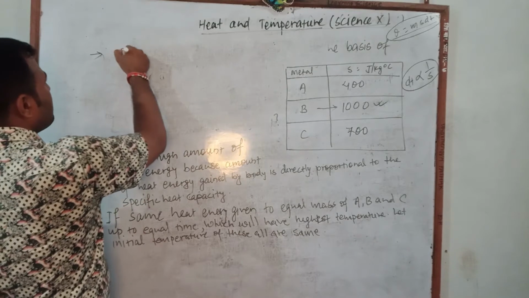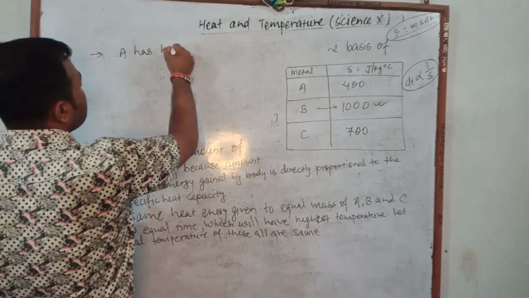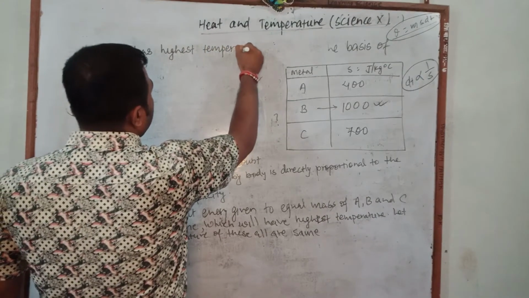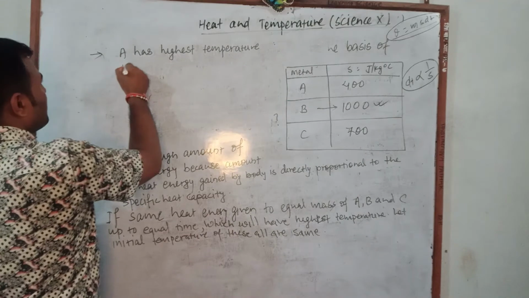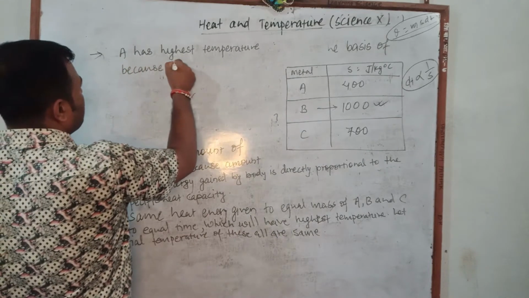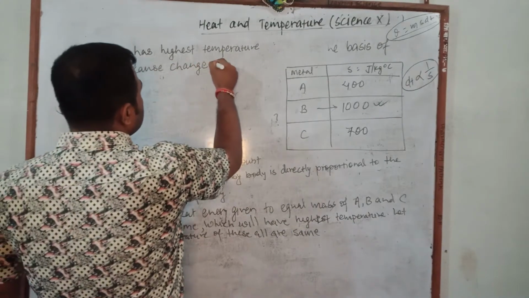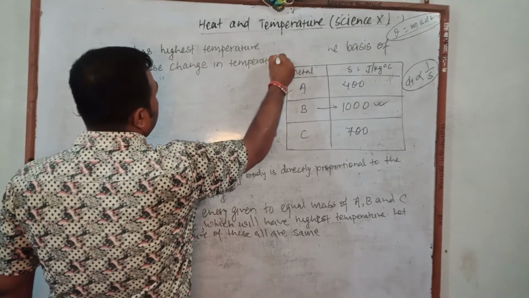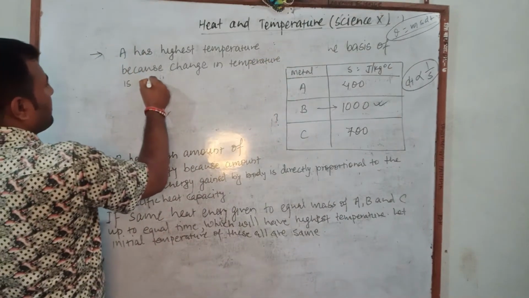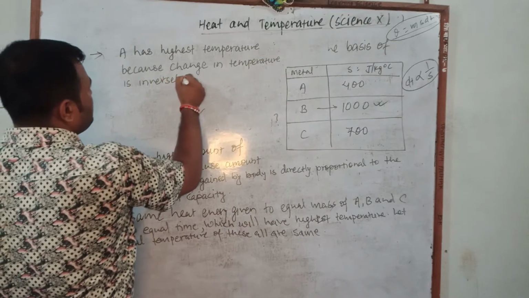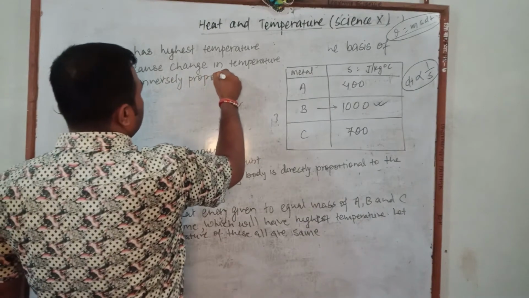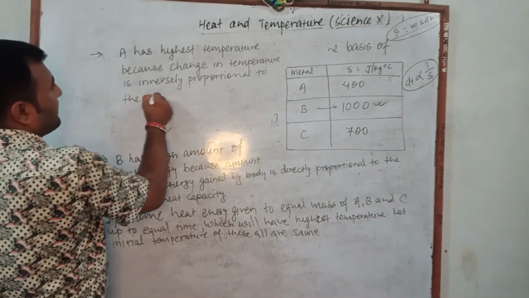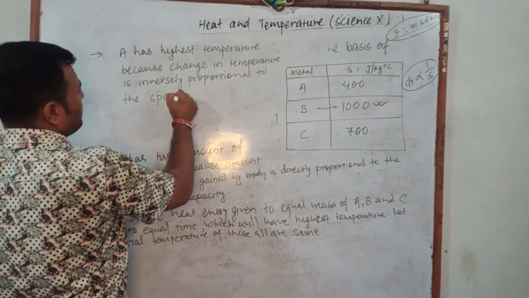Here we write A has highest temperature. Why? Because change in temperature is inversely proportional to the specific heat capacity.